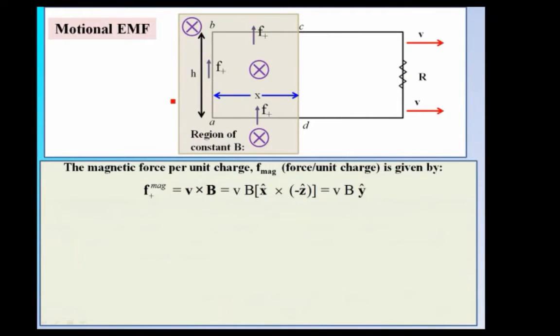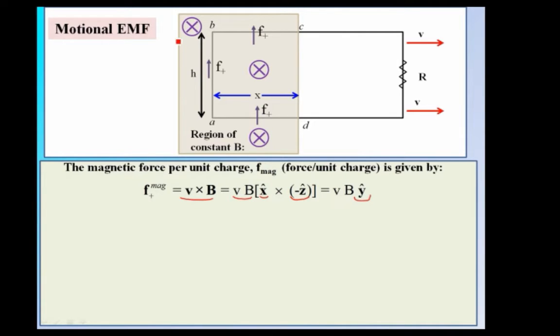If we look at the force, we've already said what it is. It's V cross B, but let's put in the directions just to make sure we're right. We bring out the magnitudes of V and B, and so we're left with a cross product of unit vectors. X hat is the direction of the velocity vector, minus Z hat is the direction of the B field. If you take this cross product, you end up with the unit vector Y hat, and of course times VB.